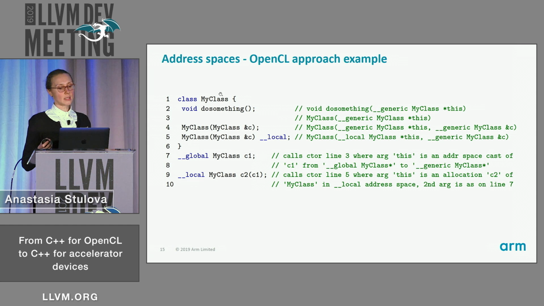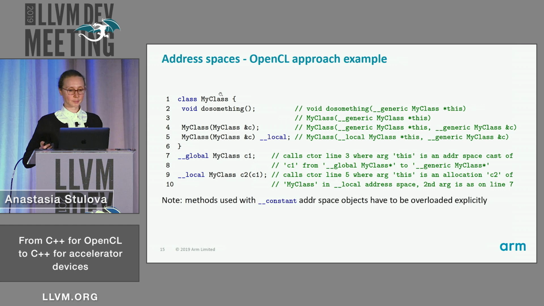For the second parameter, where we are passing an object we are copying from, it will be exactly the same as the object parameter on line 7. So we will have to address space cast from global to generic because the second parameter of the copy constructor on line 5 is generic address space.